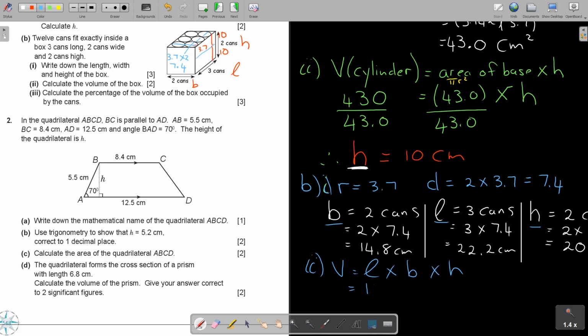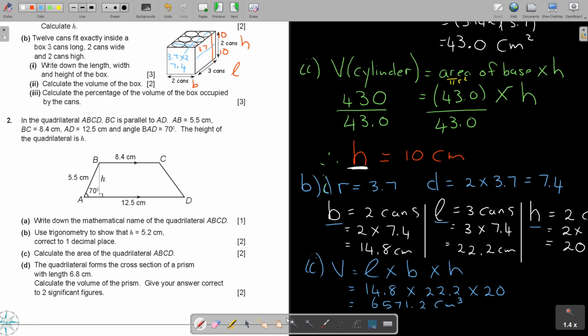So it's going to be 14.8 times 22.2 times 20. If I press it on my calculator, my answer will be 6571.2, and that will be in cubic centimeters. Okay, it's exact, so I'm going to leave it like this.